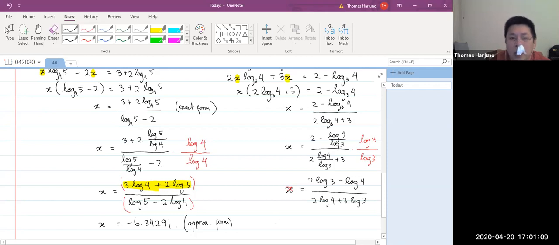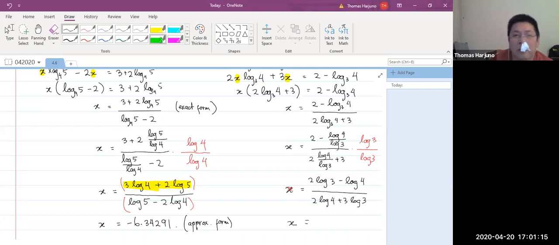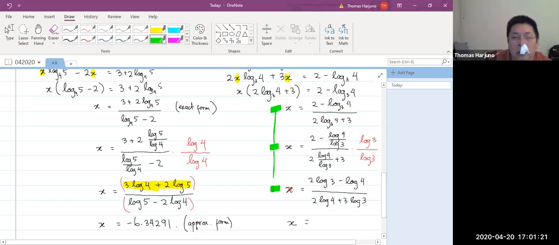Okay, that's the end of the exact form. So we can say the following are exact form. This is exact form, this is exact form, this is exact form, because we don't use calculator yet. I mean, no approximation yet. Of course, this is the first time you get the exact form, the one right before you use the calculator.